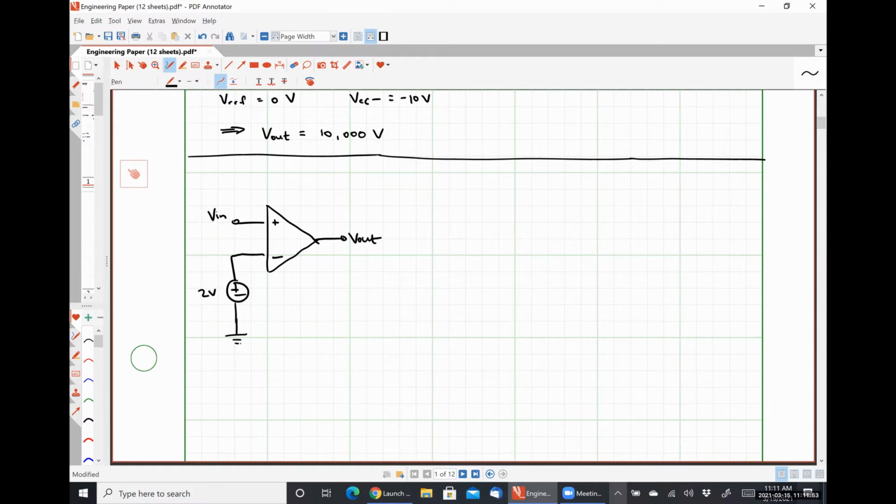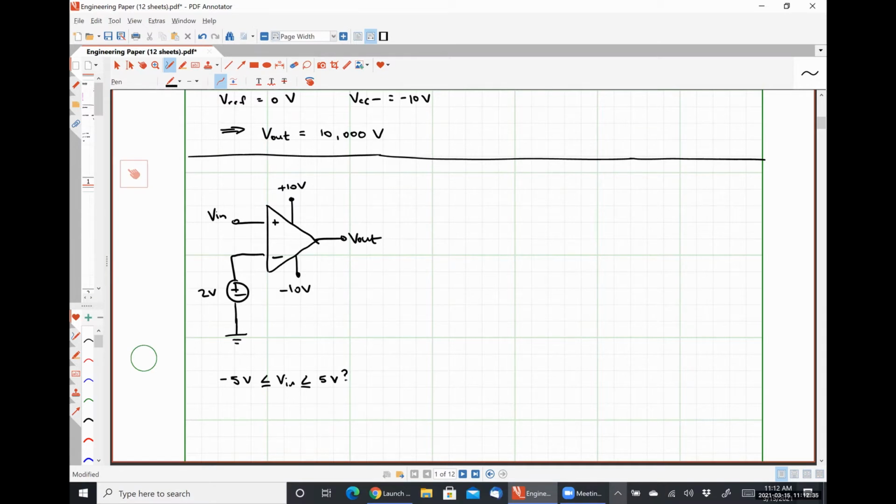So how do we expect this particular amplifier to behave if we put plus 10 volts here at the positive power supply voltage and minus 10 volts here at the negative power supply voltage? How do we expect this to behave if we allow Vn to range from -5 volts to positive 5 volts?